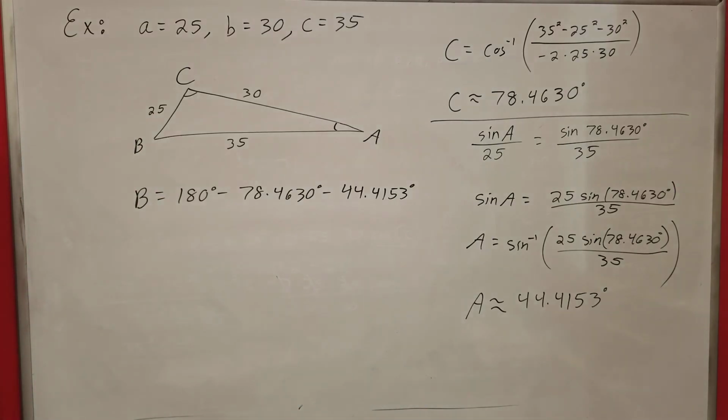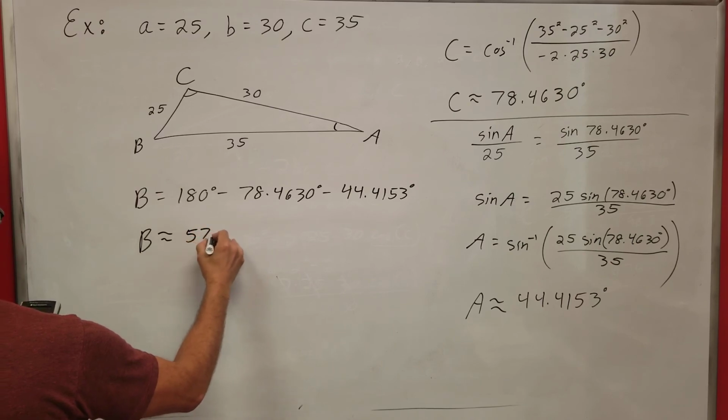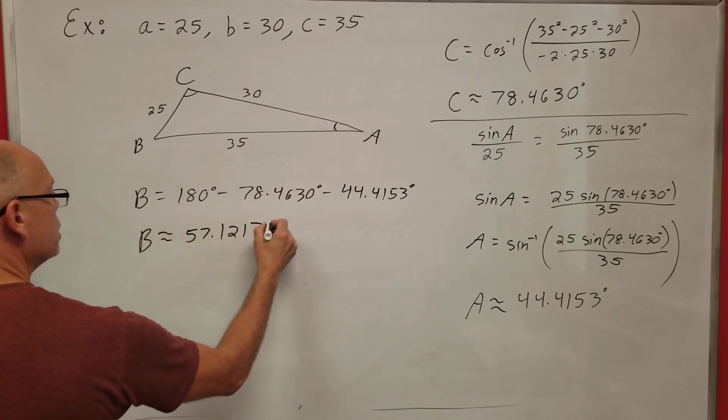All right, go ahead and put that in your calculator. 180 minus 78.463 minus 44.4153. And what do you get? Something like approximately 57.1217 degrees.